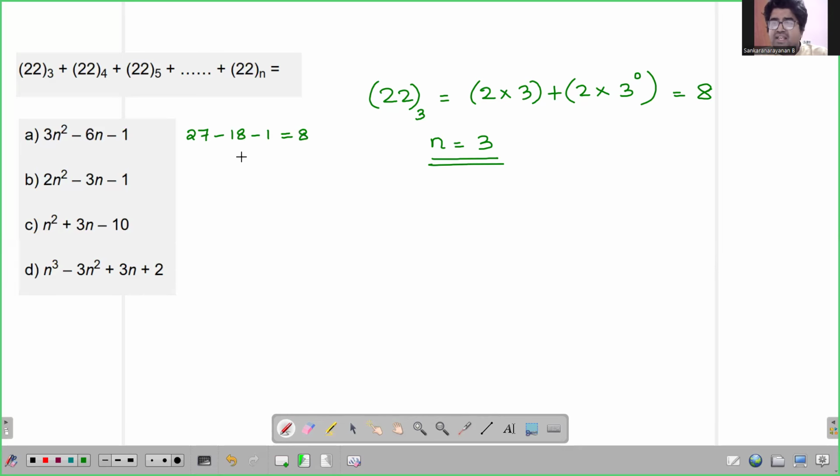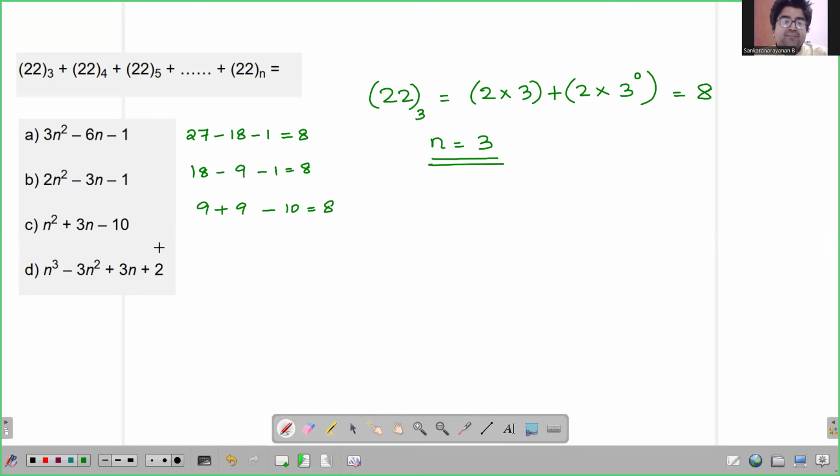So option A, I cannot eliminate. Look at option B, 3 square is 9, 9 2s are 18, minus 3 3s are 9, minus 1. That is again equal to 8. I can't eliminate B. Look at C, 3 square is 9 plus 3 into 3, that is 9, 9 plus 9 is 18, minus 10. That is also 8. I can't eliminate option C.